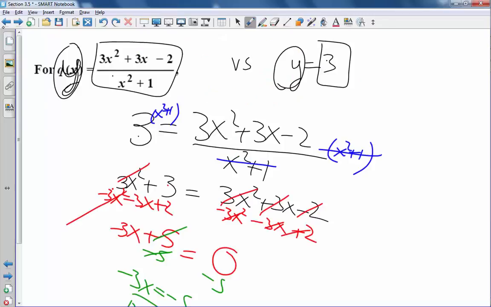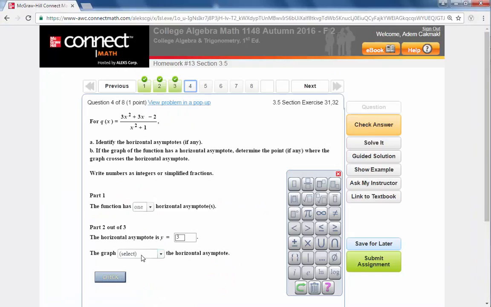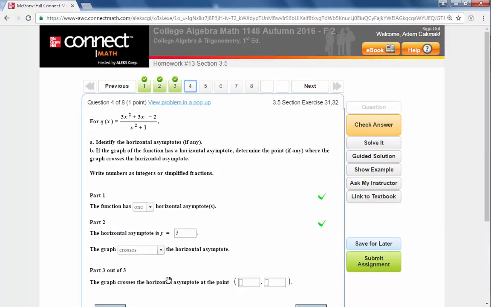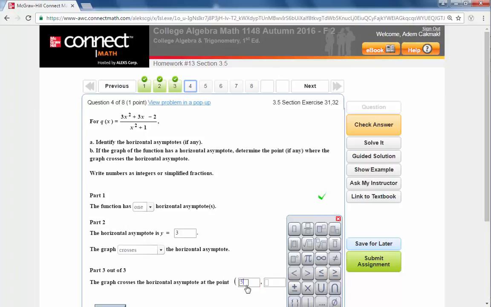Or, if you really want to push it hard, put 5/3 in everywhere and compute it. But guess what? You're going to get this number. This is it. It crosses, and the point is 5/3 and 3.